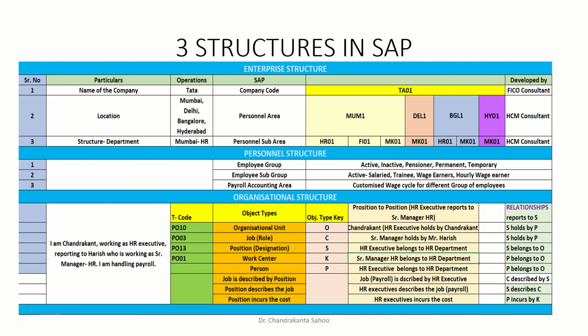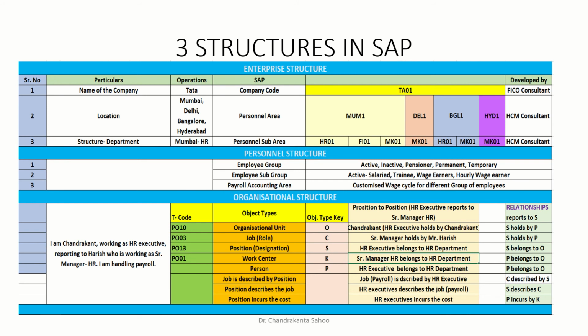To calculate that, because of the variable pay, they may follow a different kind of pay cycle. Therefore a manufacturing company can have different people groups, and they are normally assigned to a different payroll accounting area, meaning pay cycle. They follow different pay cycles.